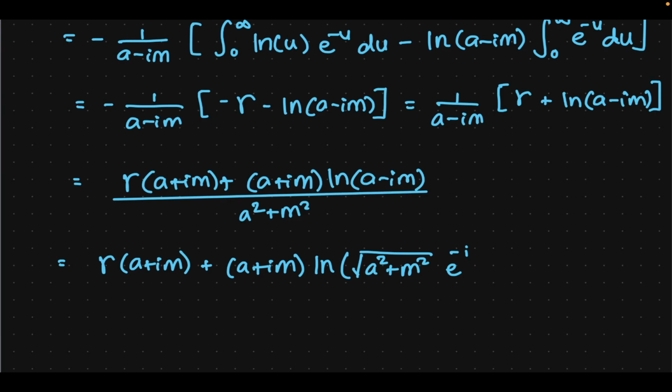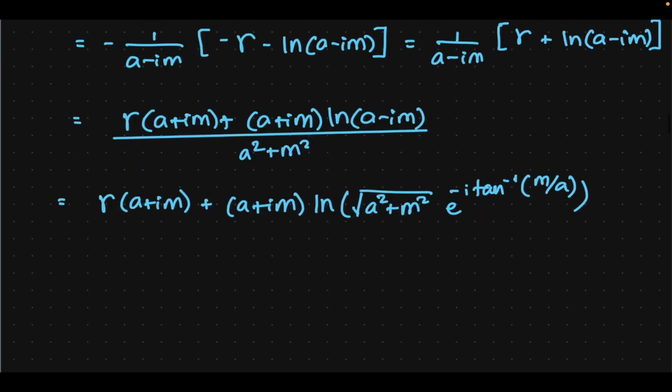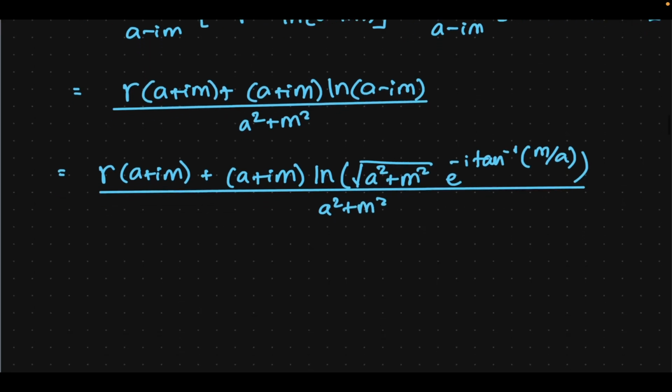So we need a minus there: minus i inverse tangent of m by a. If you don't know this, you might want to review complex analysis a little bit more, or inverse trigonometric functions in general.